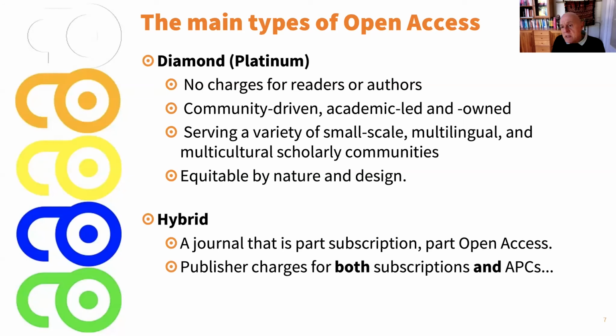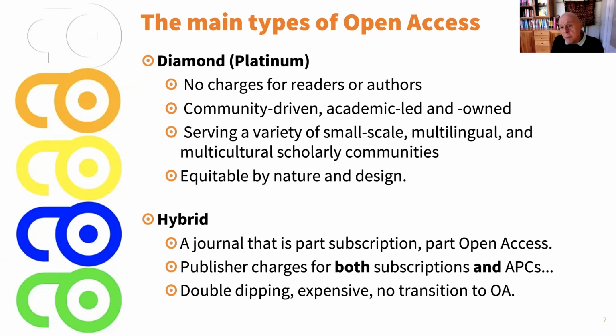What happens in these cases very often, despite disclaimers by the publishers, is that the publisher, of course, eats from two revenue streams at the same time, because the publisher charges for both subscriptions from the libraries and for APCs from the authors. So this practice is known as double dipping. It is, of course, quite expensive for the libraries who have to pay twice for the same journal, in a sense.